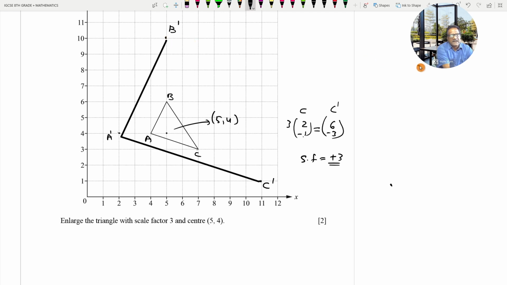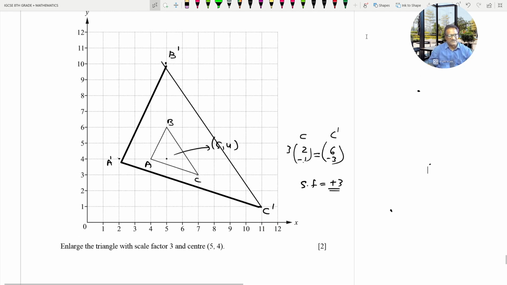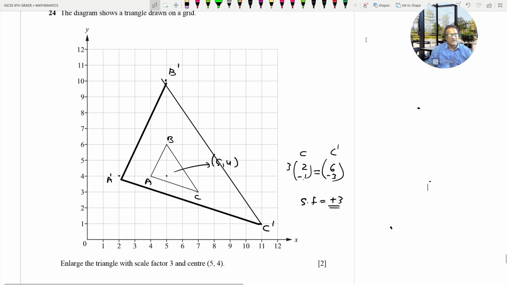And the third one has to be this. So this is my enlarged triangle, A dash, B dash, C dash. So this is how you have to deal with this type of questions. Now this was question number 24, and that was the last question of this paper.